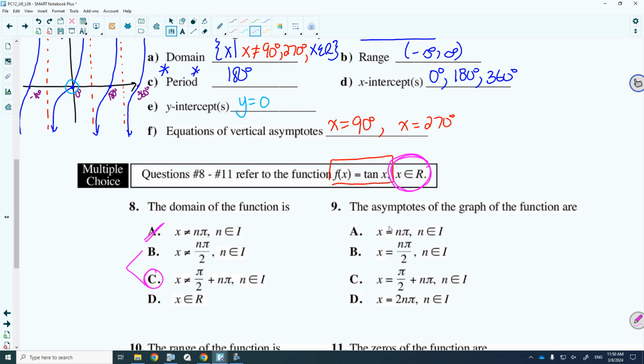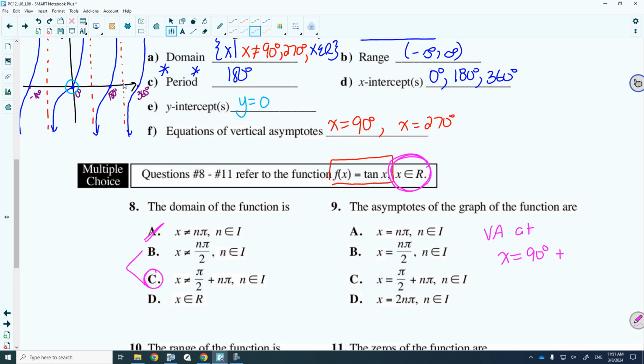Number 9, the asymptotes of the graph are. Okay, so I know that there are vertical asymptotes at x is equal to 90 degrees. And then the next vertical asymptote: if I add 180 to 90 degrees, I'm at the next vertical asymptote.